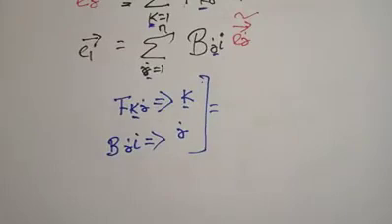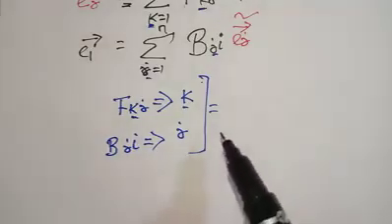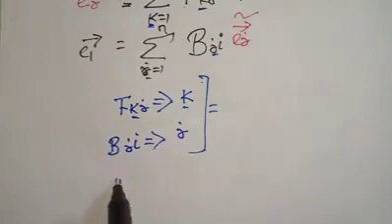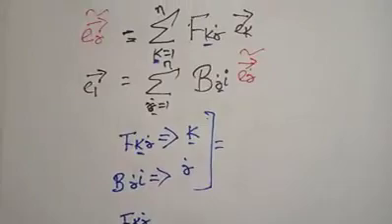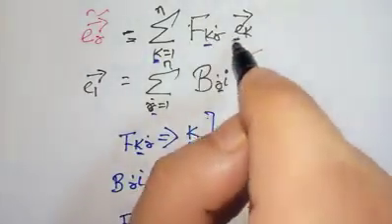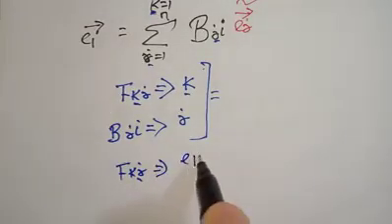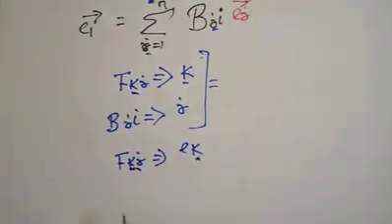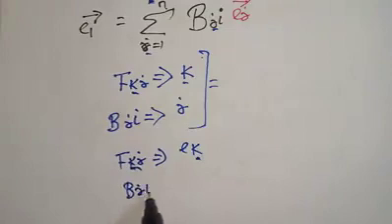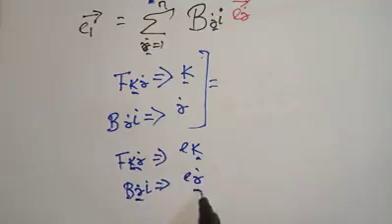Also the basis vectors: for f_kj, this k is also equal to the basis vector. These are basis vectors. This also corresponds to e_k, this k and this k. And similarly b_ji will correspond to e_j, so this j and this j.